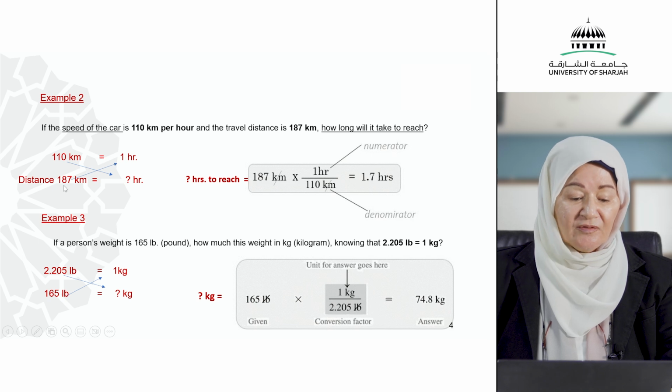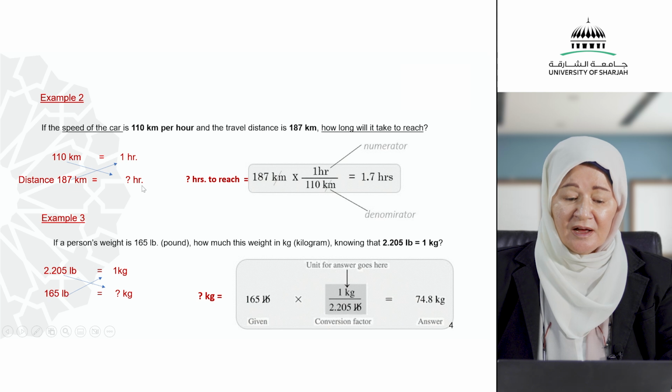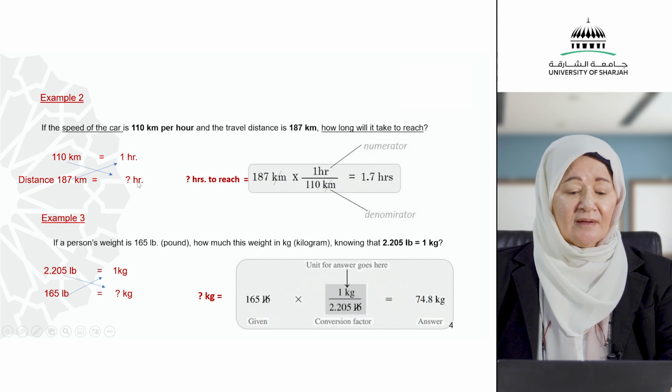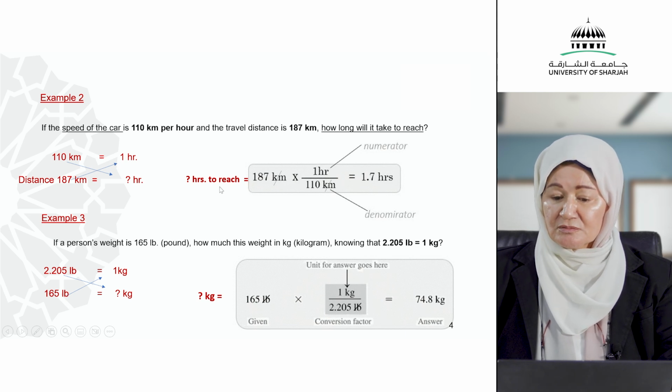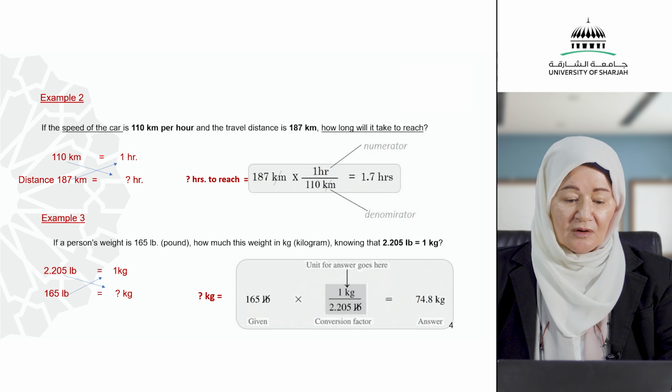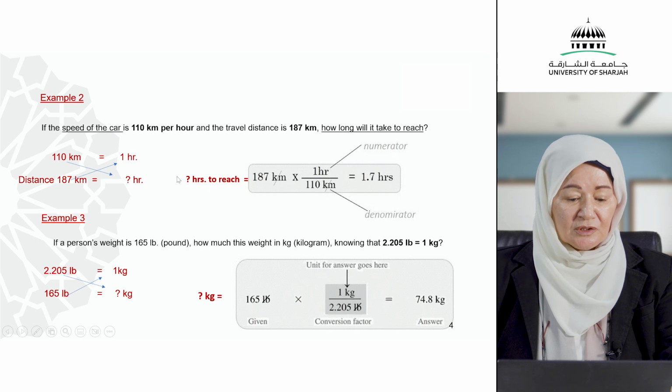I want to travel 187 kilometers. How many hours will I take? 187 times 1 over 110 gives me how many hours to reach. This is cross multiplication or substitution.